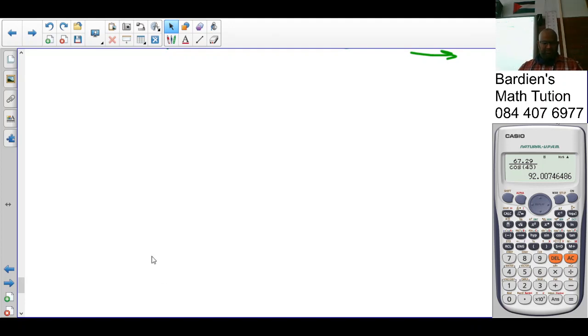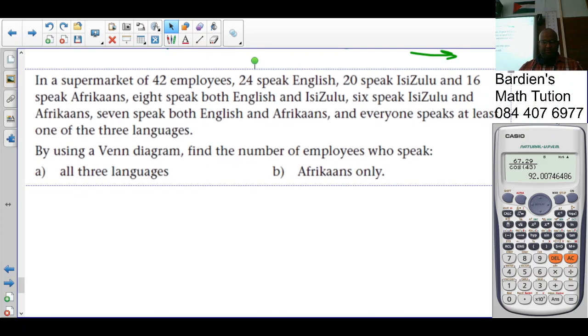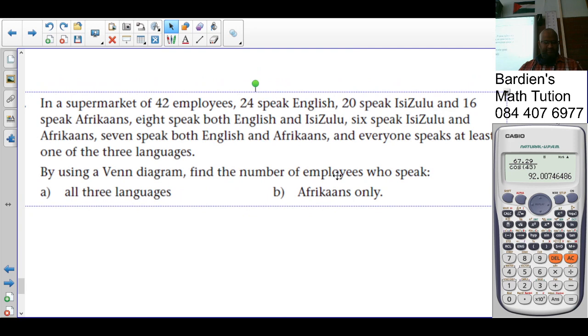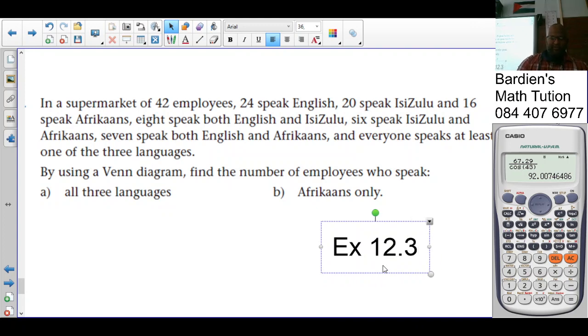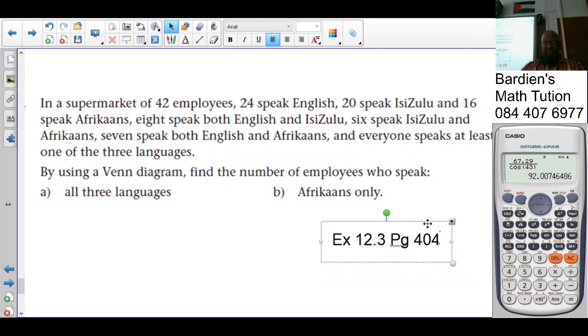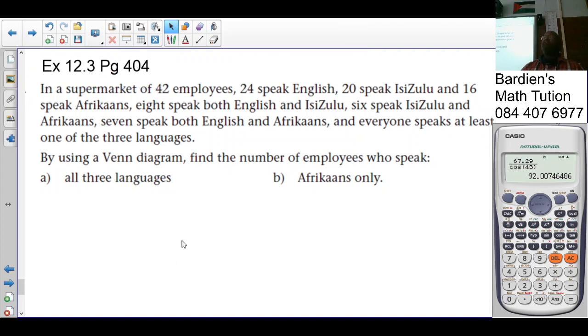One of those groups, no? Not one of those groups, that group. Exercise 12.3. This is on page 404. No? The only thing you guys say yes for is the reference, that's all. After that, I'm talking to myself. Sorry? 405. You see, that's what I'm talking about.